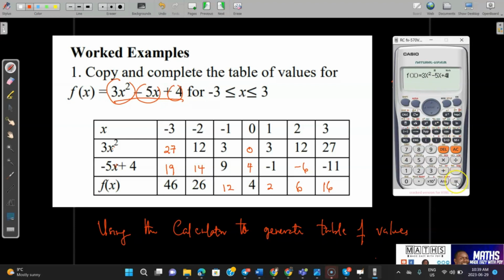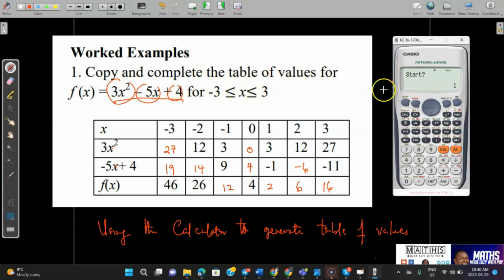When I press the equal to button, my calculator is asking for another function, but I don't need another function, so I press the equal to button again. I believe yours comes straight to start. Is it displaying start? Yes, please. Good. The start talks about the interval of the x values.